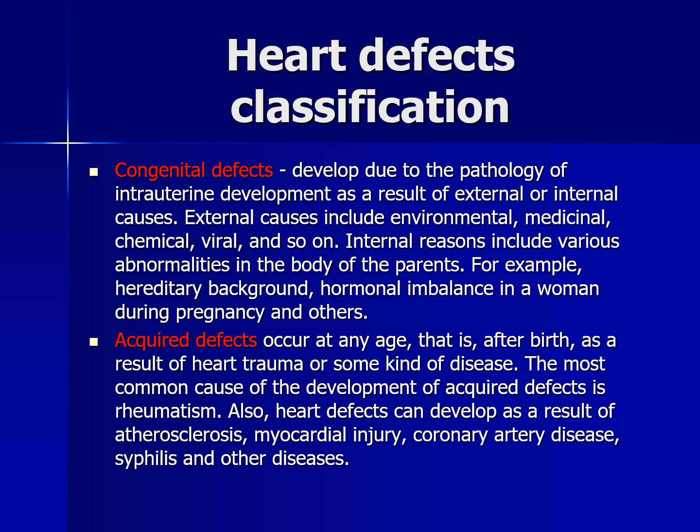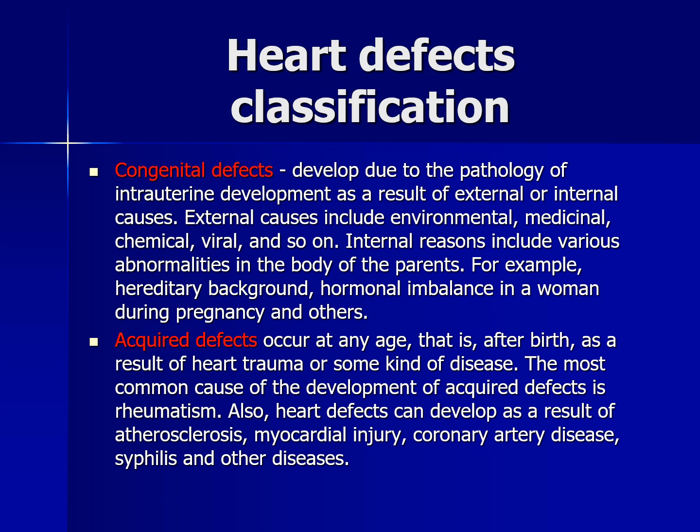Internal reasons include various abnormalities of the body of the patient, for example, hereditary background, hormonal imbalance in a woman during pregnancy, and others. Acquired defects occur at any age, that is, after birth, as a result of heart trauma or some kind of disease.